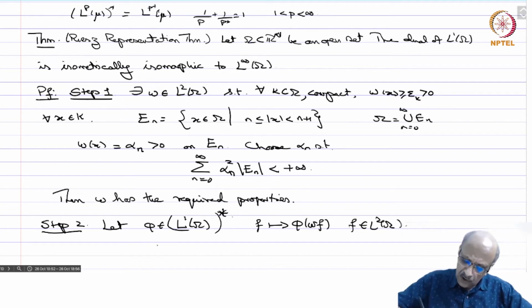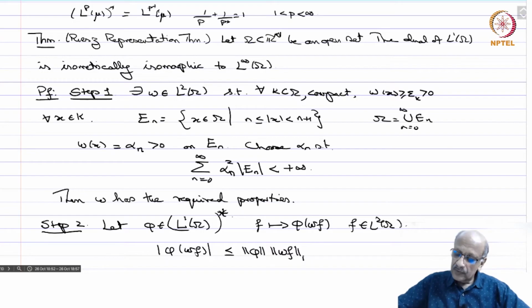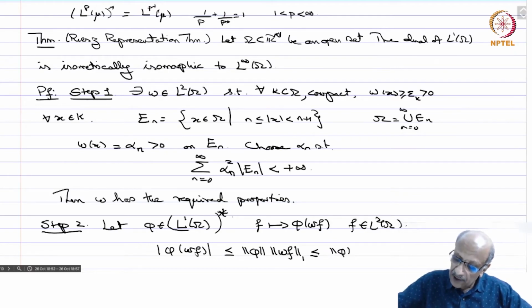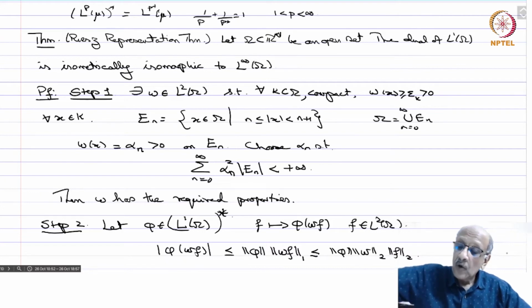So what is |phi(WF)|? It is less than or equal to norm phi times norm WF in L1. By the Holder inequality, this is less than or equal to norm phi times norm W in L2 times norm F in L2. So this defines a continuous linear functional on L2.